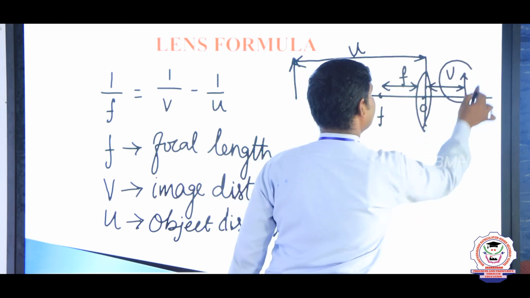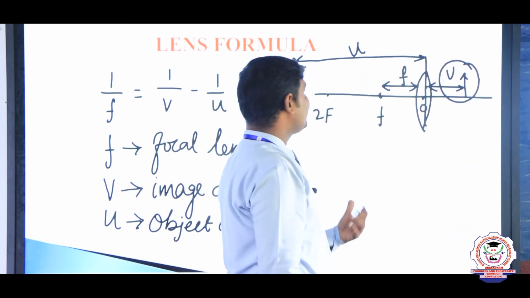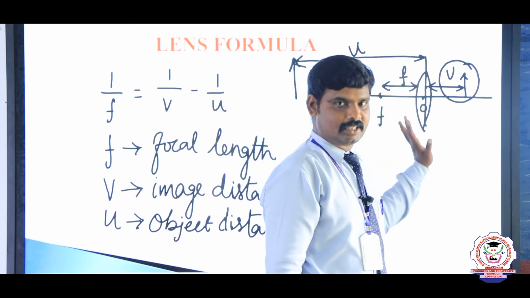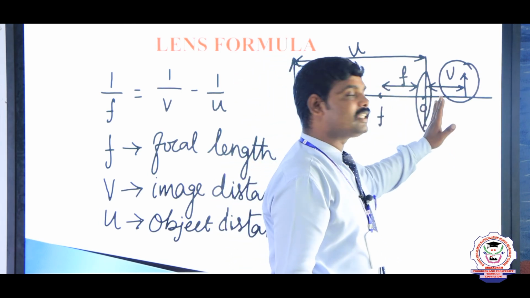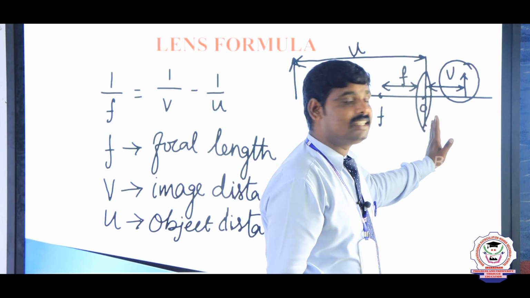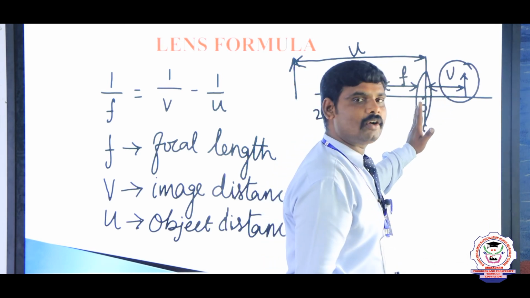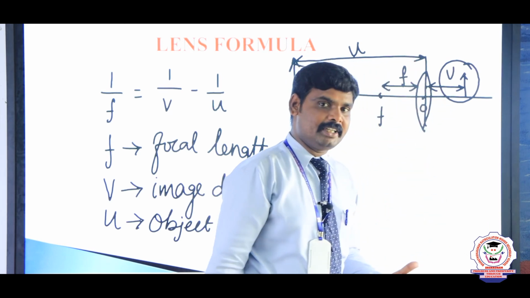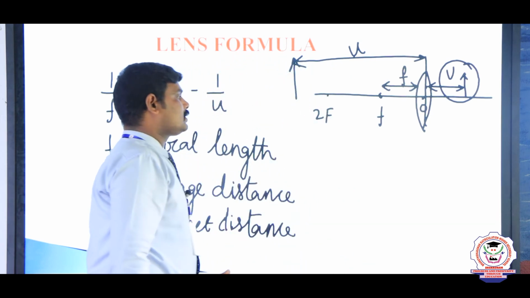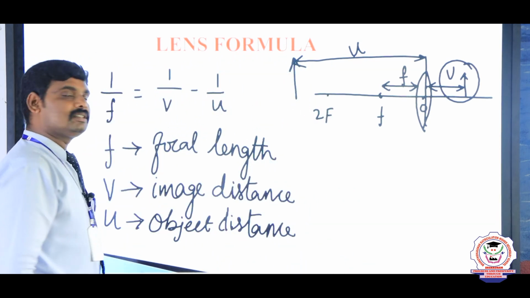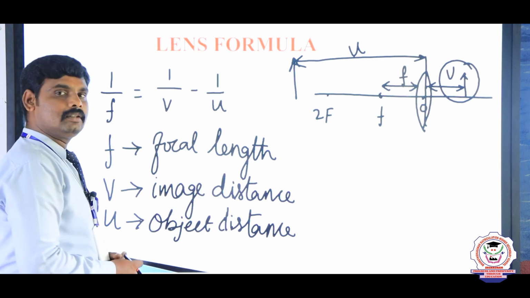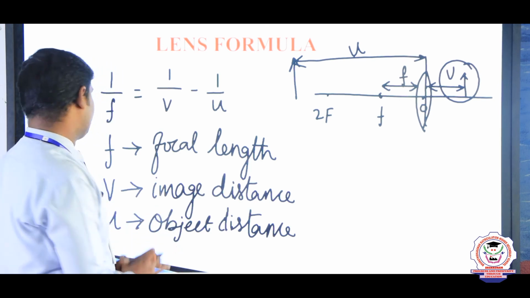This distance varies depending upon the position of the object, right. So, image distance is nothing but the distance between the image and the optic center of the lens. Clear, my dears?